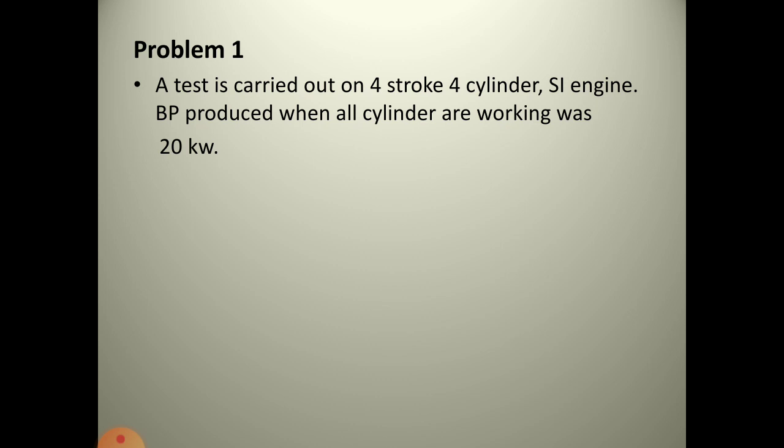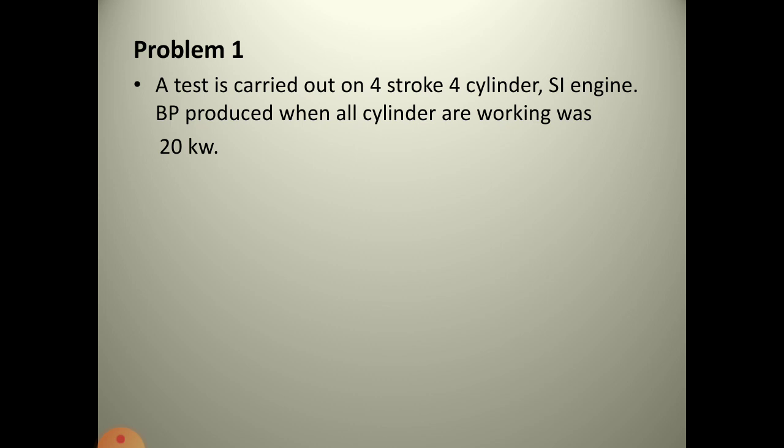A test is carried out on a 4-stroke 4-cylinder SI engine. Brake power produced when all cylinders are working was 20 kilowatt. This is our problem. In this problem, the brake power of the 4-cylinder SI engine is already given, and this is the total brake power.